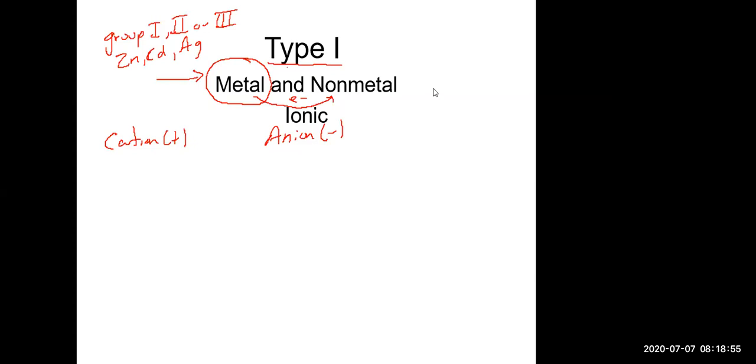And what all these guys have in common is they all have a fixed charge. So as soon as you see a metal and a non-metal, A, it tells you it's an ionic compound. B, when you see the metal comes from group 1, group 2, or group 3, or zinc, cadmium, or silver, it is this type 1 compound.